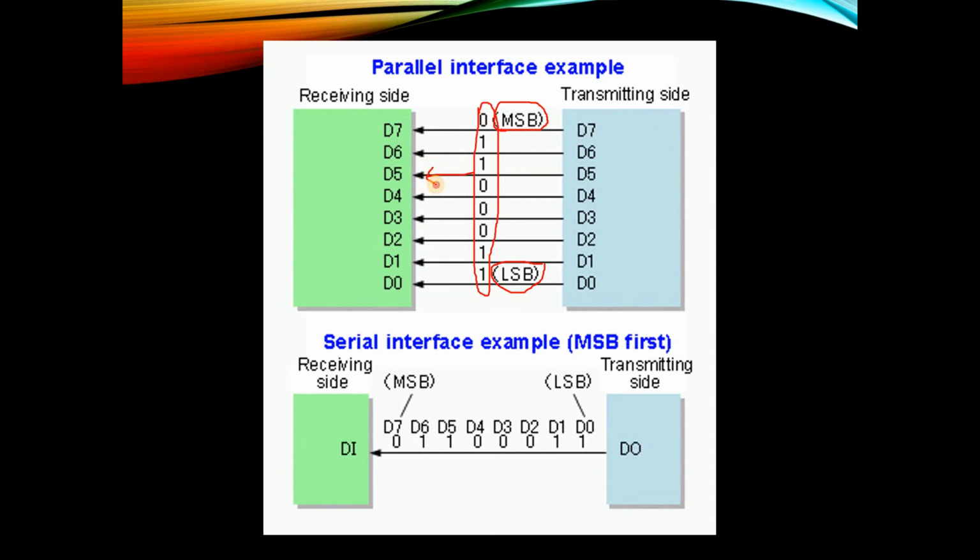But in serial, it shows the most significant bit will get transmitted first. Once this data is received, the next bit, the next bit, each one will transmit. That is serial interface. Hope it's clear. The most significant bit will transfer first, but in parallel, all the bits are transmitted together, right?